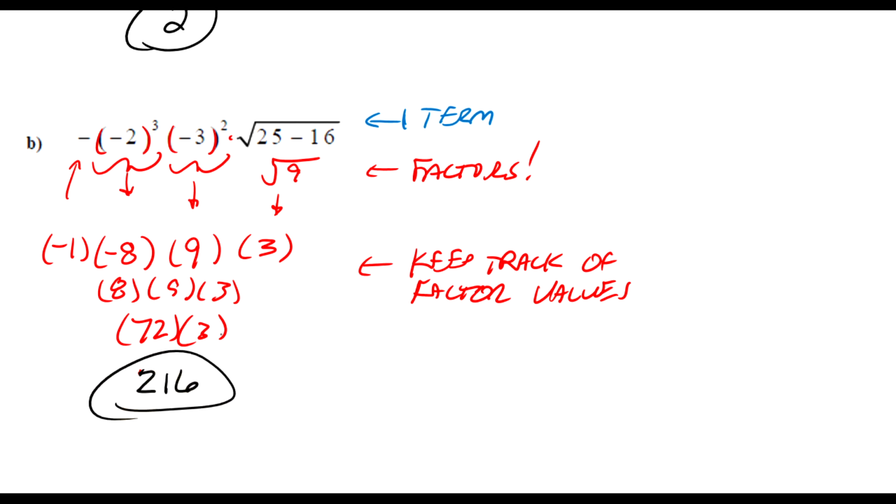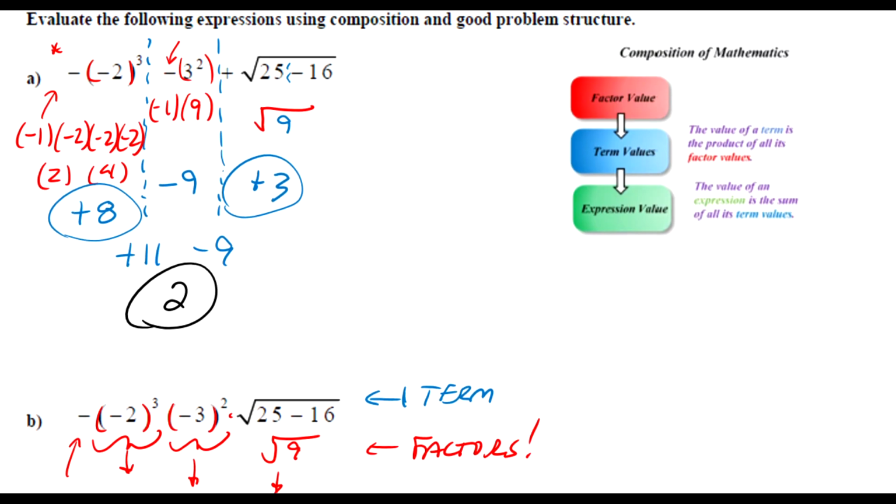So without going through the details there, the big thing is just using the composition and then problem structure to keep track of those components. So here I had 3 terms. I needed to keep track of those 3 terms individually. I used columns to do that. From the start, right, I had 3 terms.